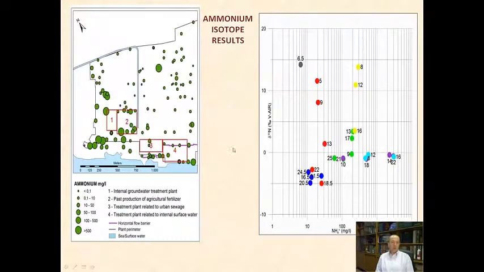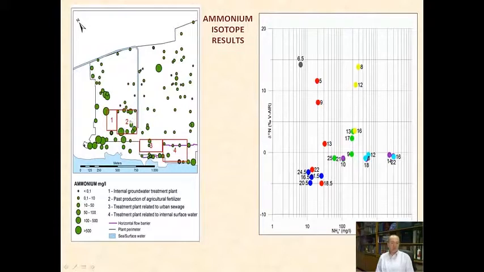What about ammonium isotope results? In the ammonium isotope results, you can see on the left the concentration in milligram per liter, which are very close to the possible source areas, the treatment plant, the post-production of agricultural fertilizer, and the treatment plant related to urban sewage. And looking at the ammonium isotope results, it's very clear that we can also identify some denitrification trend, but at the same time we can also identify the possibility that this ammonium can be related to double sources.